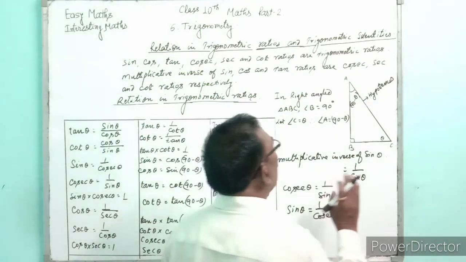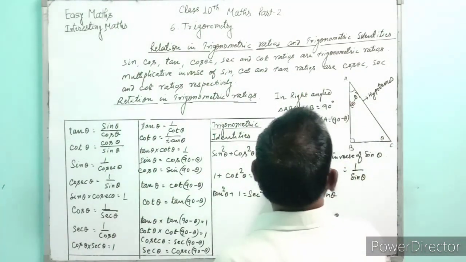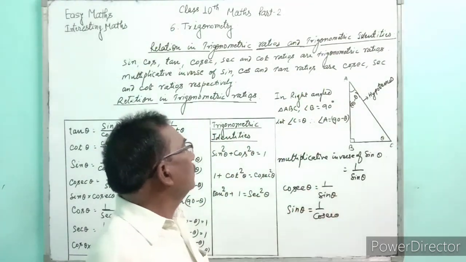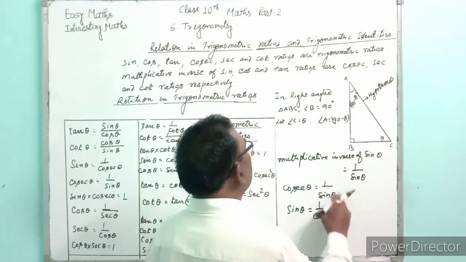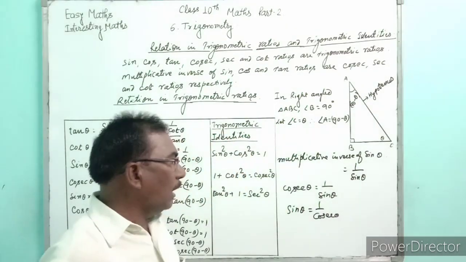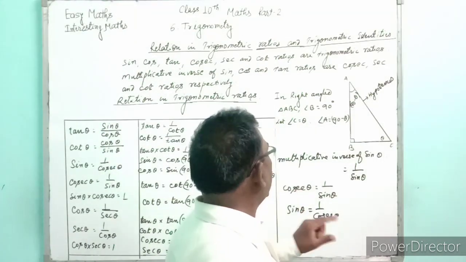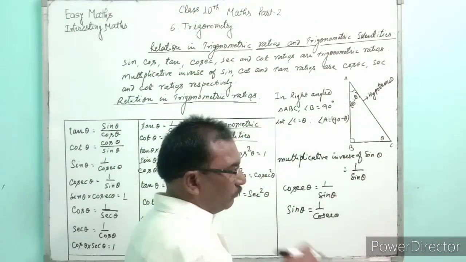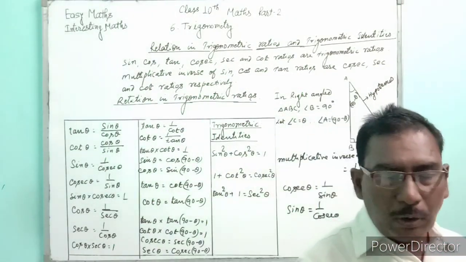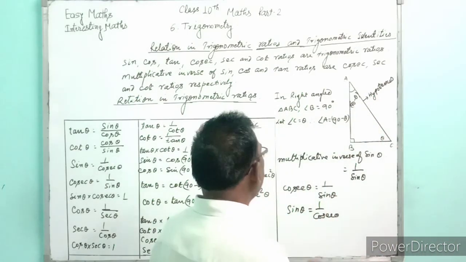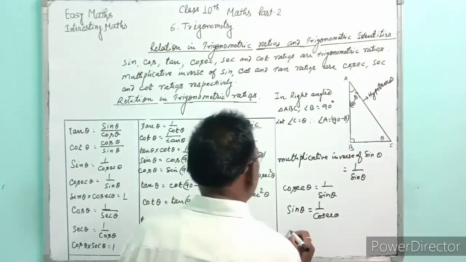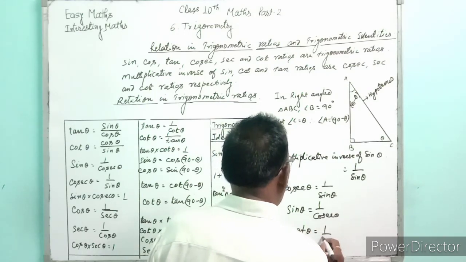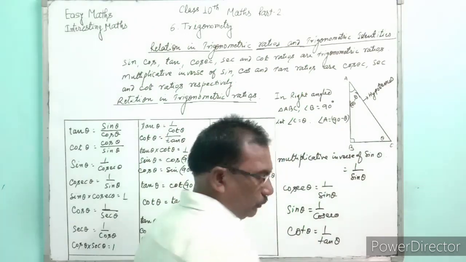In this way, the multiplicative inverse of cos theta is equal to sec theta. Therefore, sec theta is equal to 1 upon cos theta. The multiplicative inverse of tan theta is cot theta. Therefore, cot theta is equal to 1 by tan theta.